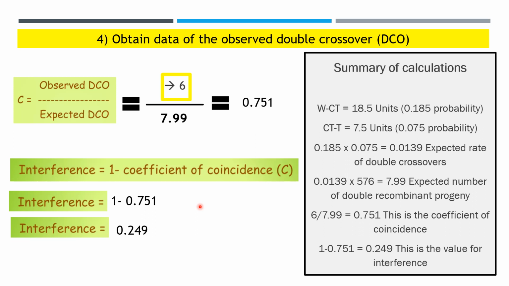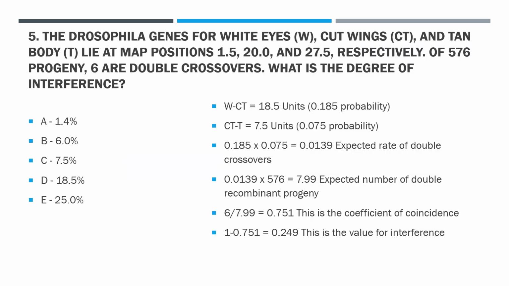So now let's see the different options that we have, and I will show you again the question. So here, if you remember, this was the question, and the value that we got was 0.249. So the percentage will be close to 25 when you approximate it.